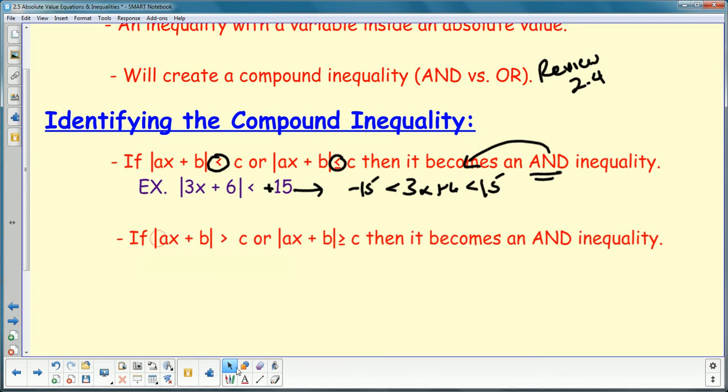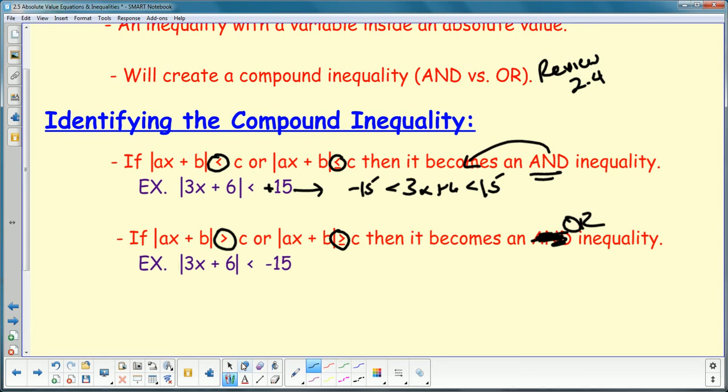Okay, the other option then is if it is greater than or equal to, and this should actually say it becomes an or inequality. An example of that would be very similar, where we actually want to change this symbol now. Instead of being less than, we're going to say greater than or equal to. And so that would become two inequalities.